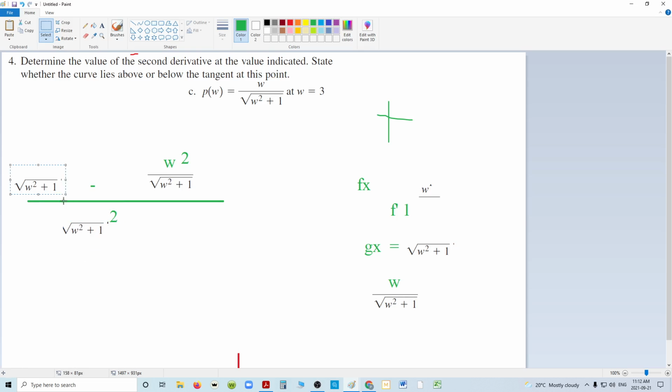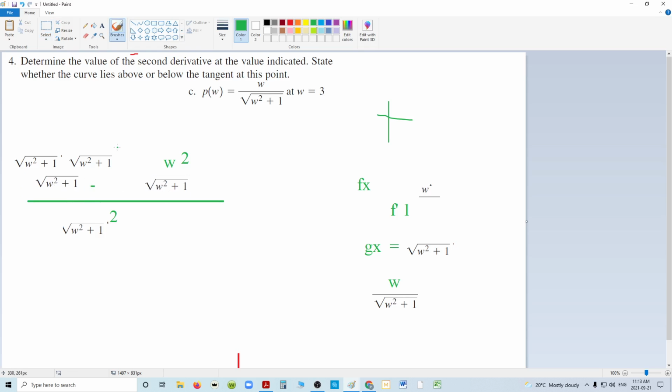Keep in mind that, because it's being subtracted here, I have to put it on the same denominator, which means I have to multiply it by this whole thing over 1, in order to get them as the same denominator.